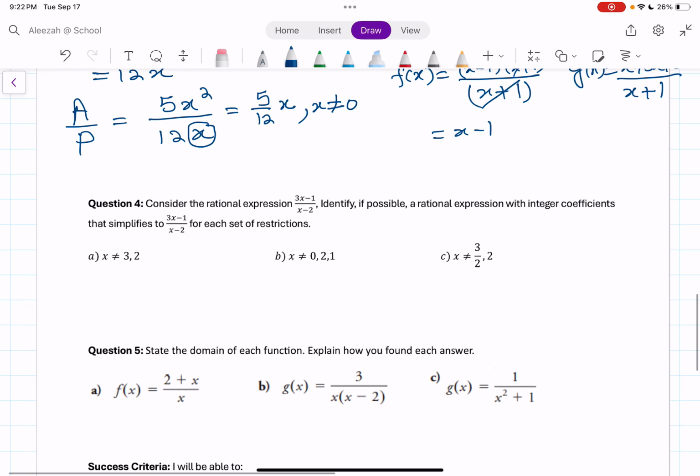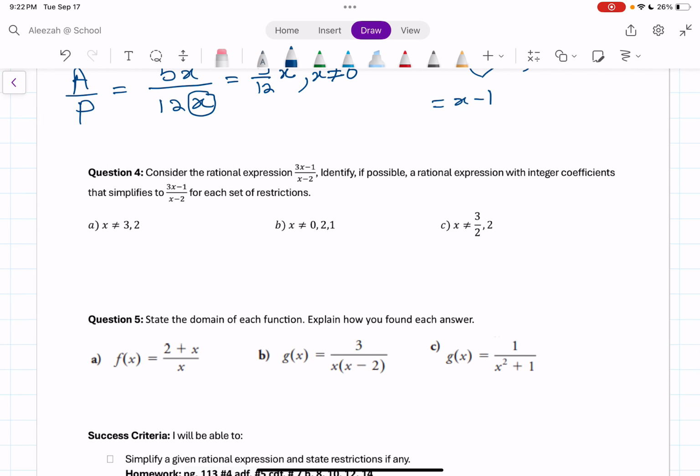Okay, now the next question is, consider a rational expression. Identify, if possible, a rational expression with integer coefficients that simplifies to this for each set of restrictions. So here you are given the restrictions, and this is your answer. You have to figure out a rational expression that, when you simplify it, gives this answer.